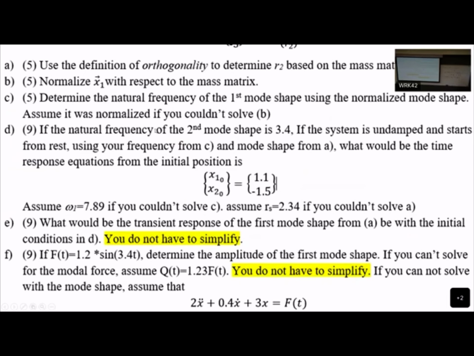Part D, so if your natural frequency of the second mode shape is 3.4, the system is undamped and starts from rest, using your frequency from C and your mode shape from A, what would be the time response equations for initial position?